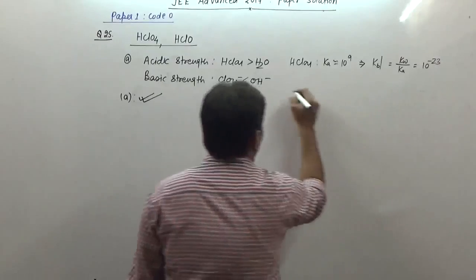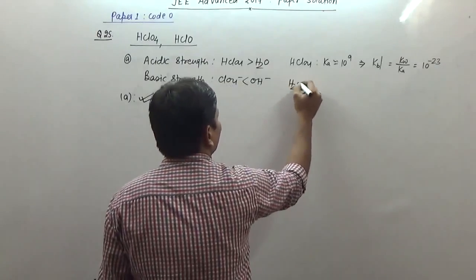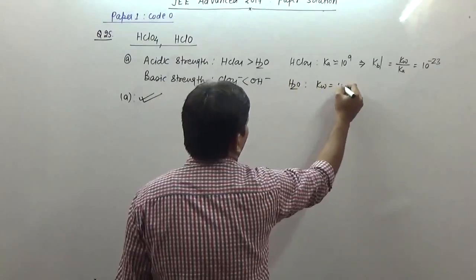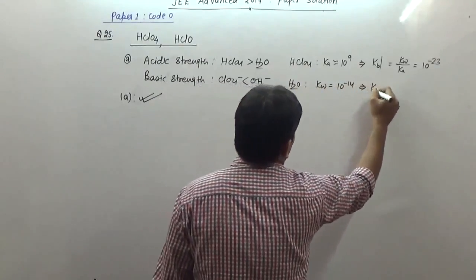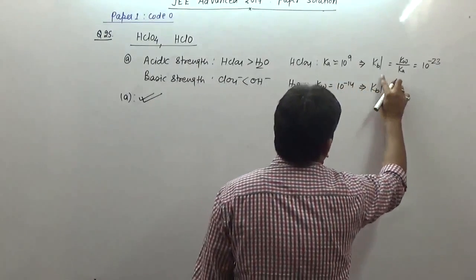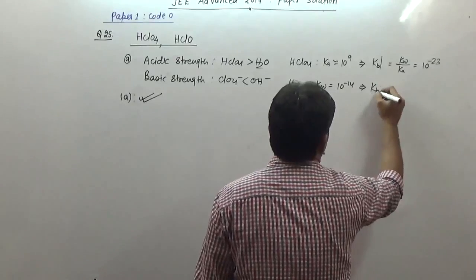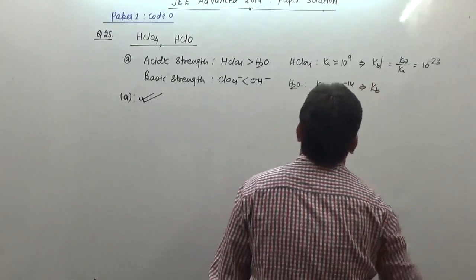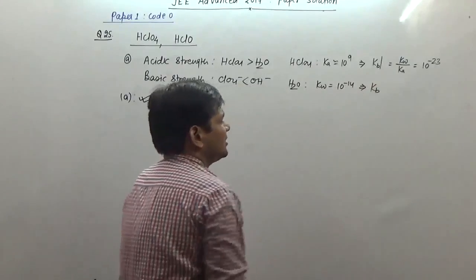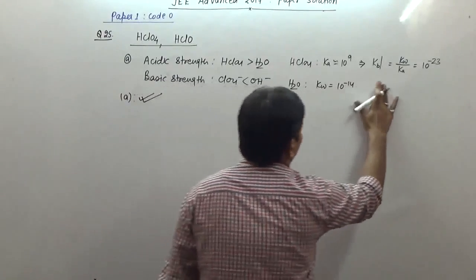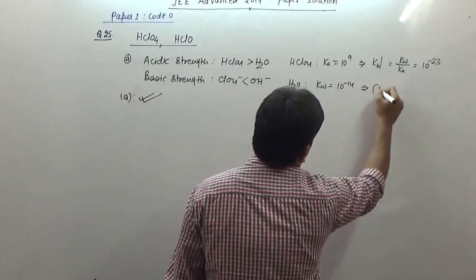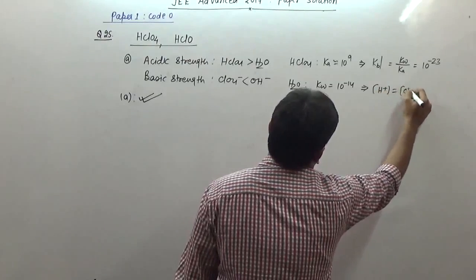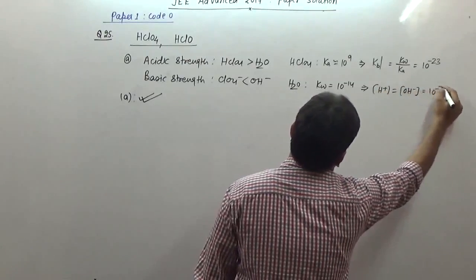And if we look at H2O, the Kw value is equal to 10 power minus 14. So for H2O, Kb is equal to Kw, because H plus and OH minus are each going to be 10 power minus 7.